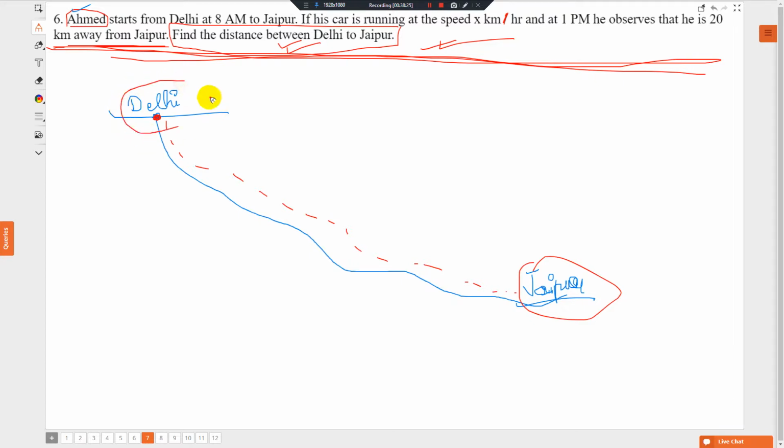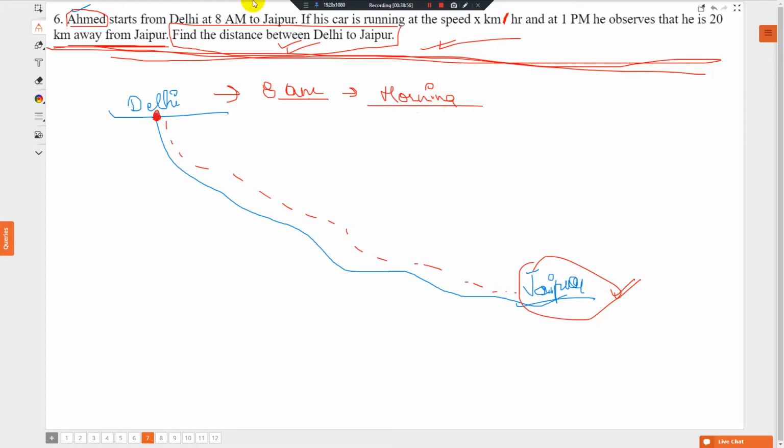He started at Delhi at 8 a.m., which is of course morning, to Jaipur.